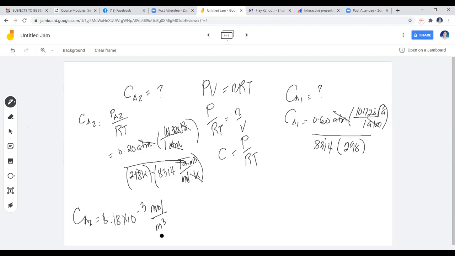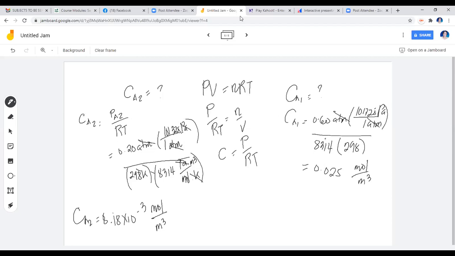Actually, they have the same divisor. Anyway, your concentration in this case would be 0.6 times 101,325 divided by 8314 and divided by 298. So the concentration at point 1 is 0.025 mole per cubic meter.